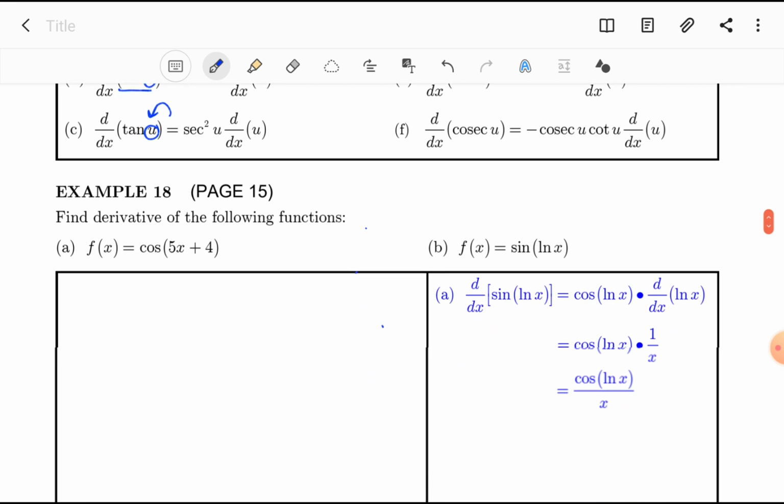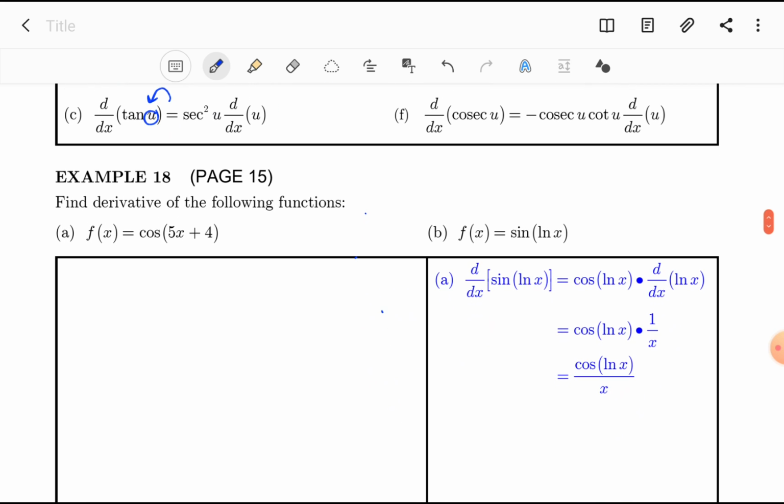Example 18 on page 15. Part A. Fx is cos 5x plus 4. So f prime x equals, differentiate cos is negative sine, and the angle is 5x plus 4.